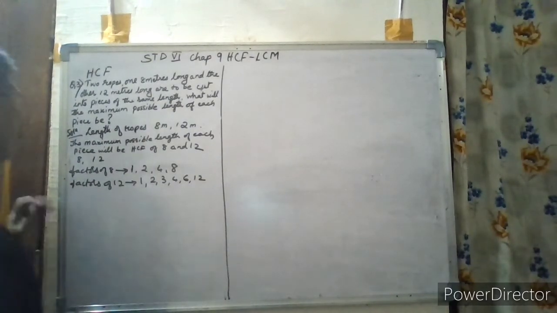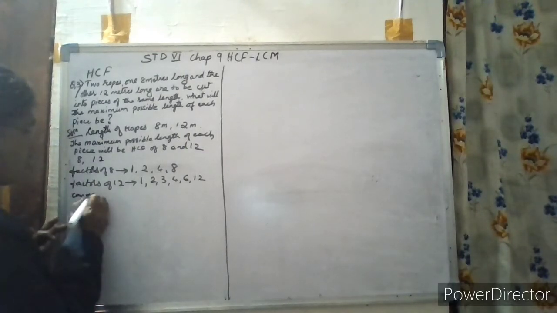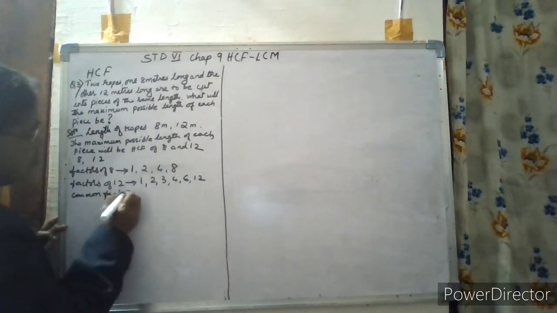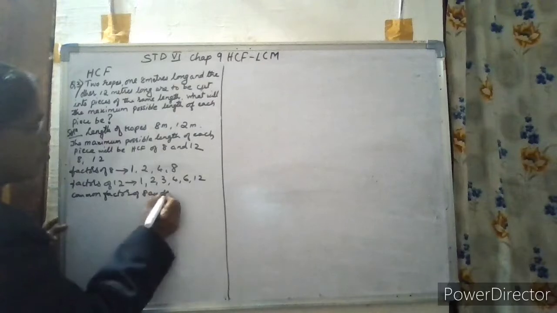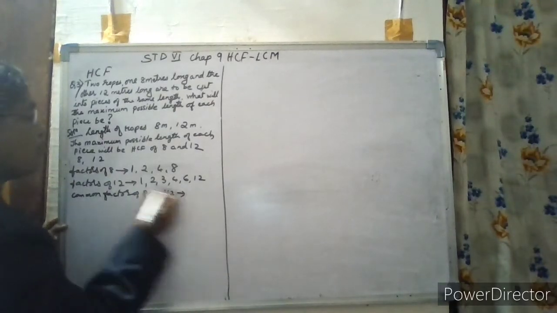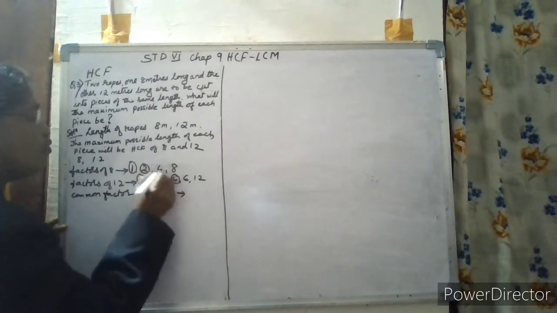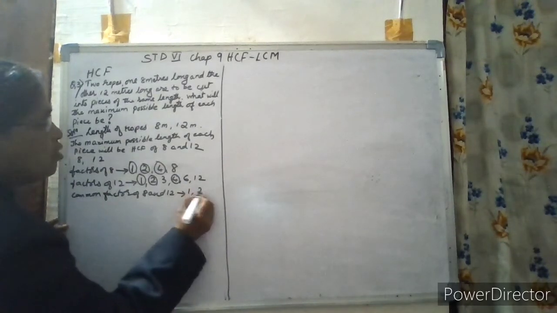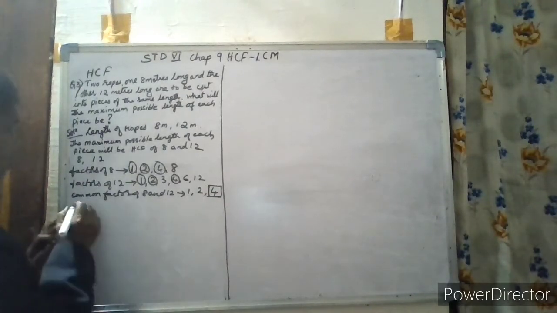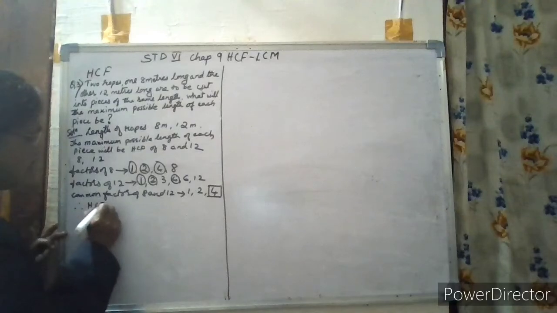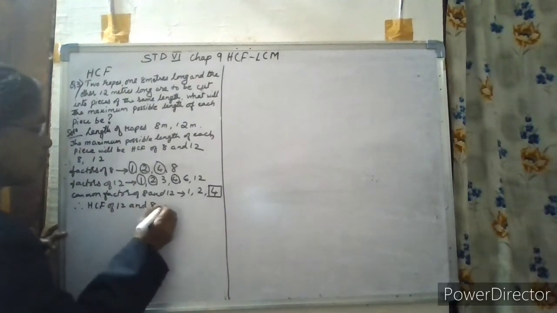Now, find out the common factors. Common factors of 8 and 12 are 1, 2, 4. Among this, the highest one is 4. Therefore, HCF of 12 and 8 is 4.